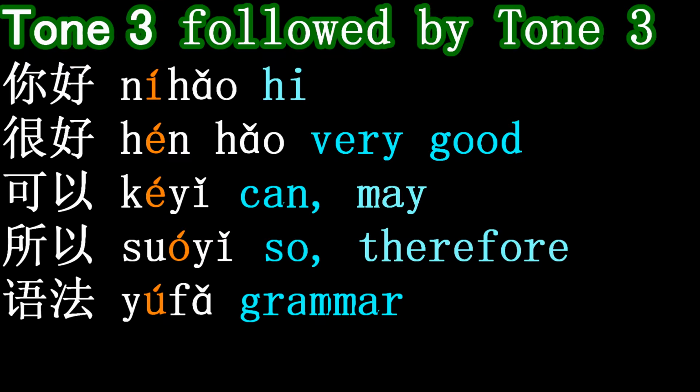Same thing for 很好, which means very good. And it's the same logic for 可以, which means can and may, 所以, which means so and therefore, and finally 语法, which means grammar.